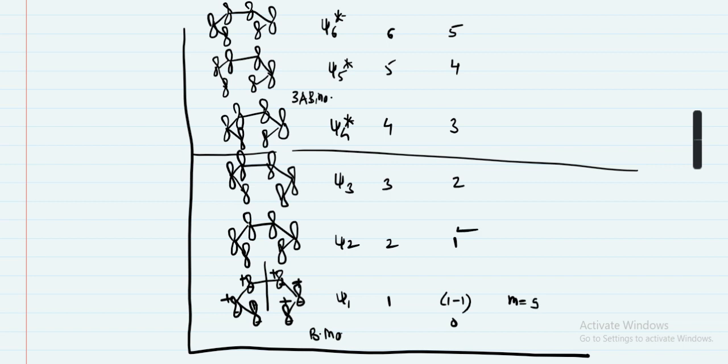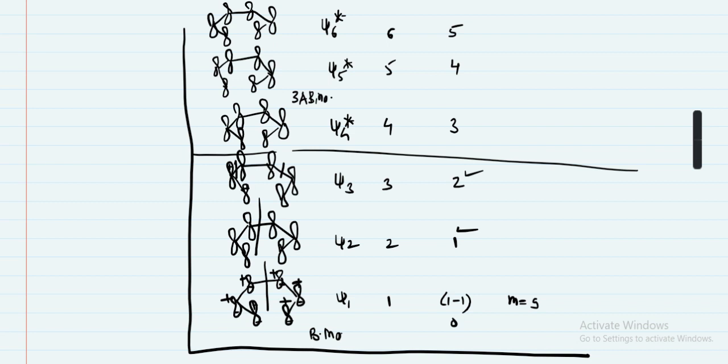The second one has one node, therefore you have to give the node at the center. The third one has two nodes, therefore you have to give the nodes at these positions, because positive and positive, there is no bonding.